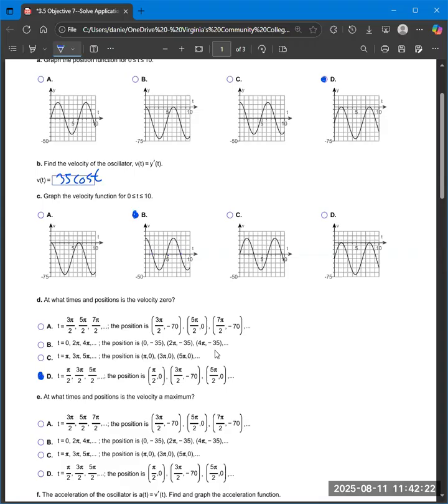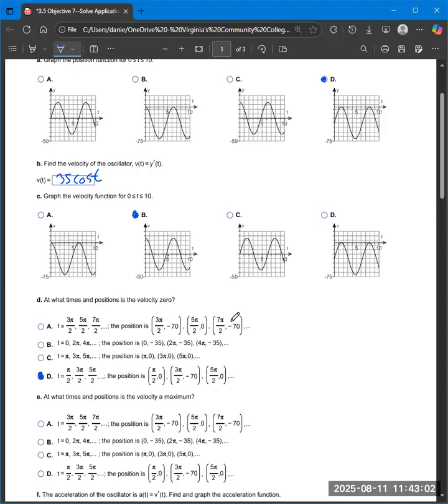And then what are the positions when that happens? You have to stick those times into the position function up here to figure out what the positions are at those times. You can do that with your calculator as well, but that's where the 0 and the -70 and the 0 and so on are coming from.